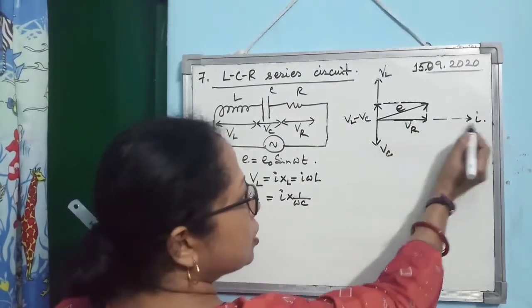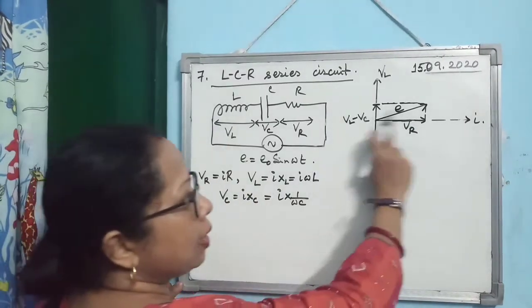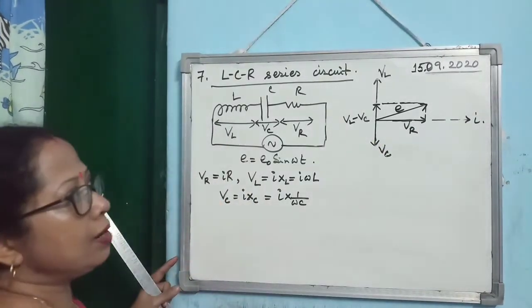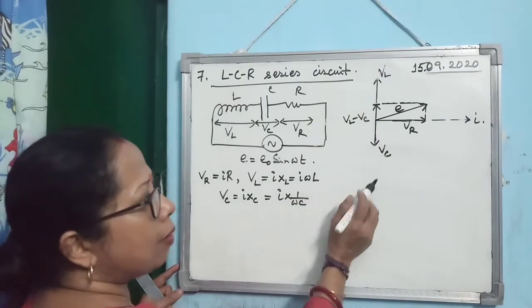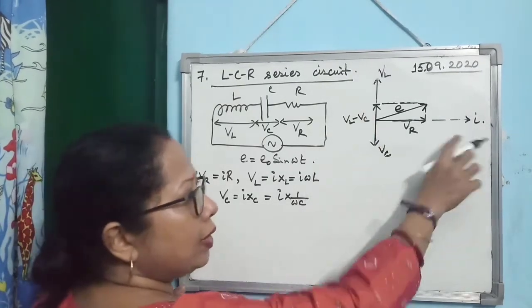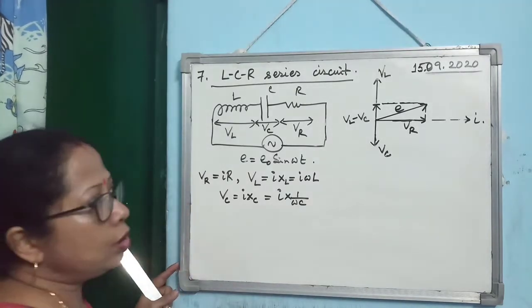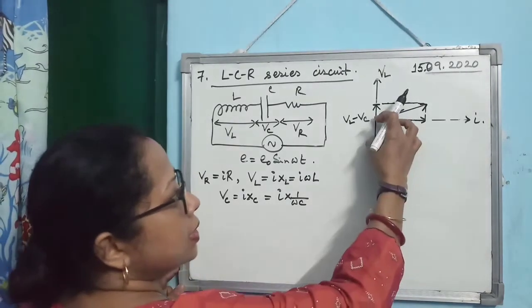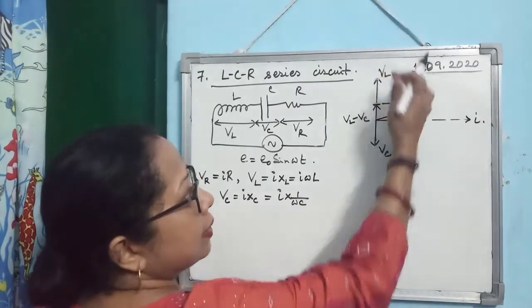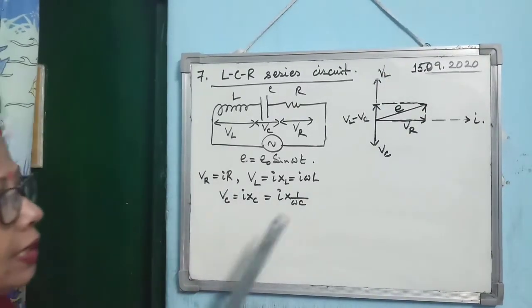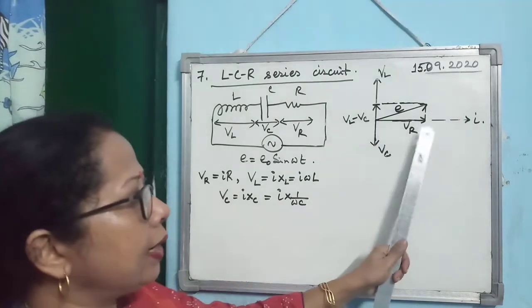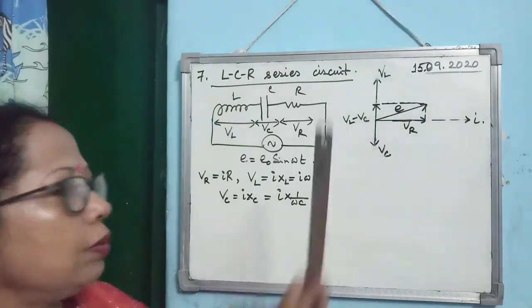VR is in phase with I, so VR will be along the same line as that of I. VL leads I by an angle pi by 2, so VL will be up. VC lags behind I by an angle pi by 2. So what I have done, VC I have subtracted from this end. So you see this portion, it represents VL minus VC, this is VR. So complete the rectangle, join the diagonal, that will be E.